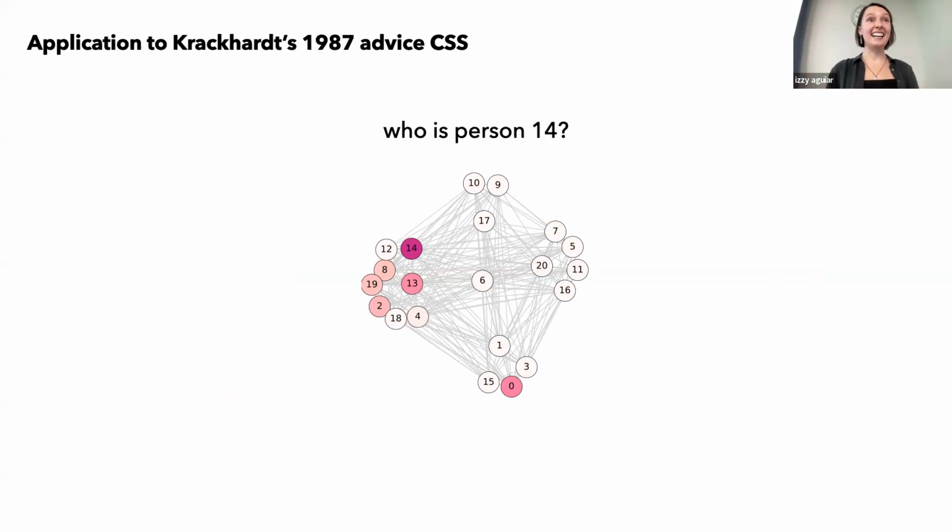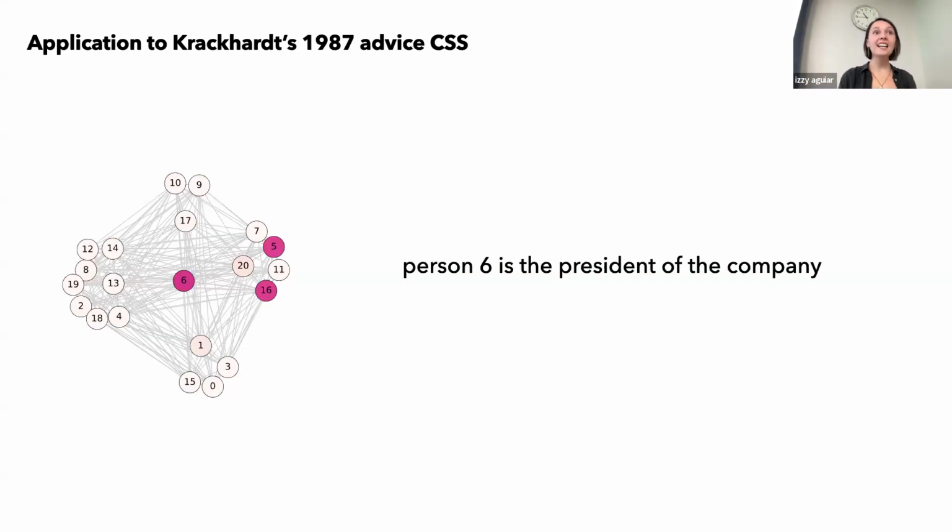Yes, when you say they're viewing similarly to the president, you're talking about the whole CSS, right? So not just my local friends, but rather who do I think everybody seeks advice from? Exactly. They have a shared schema. And not even, I think more traditionally, the way that we say people view the network similarly is by comparing those slices and asking how similar person 6's perception is to person 5 and person 16.